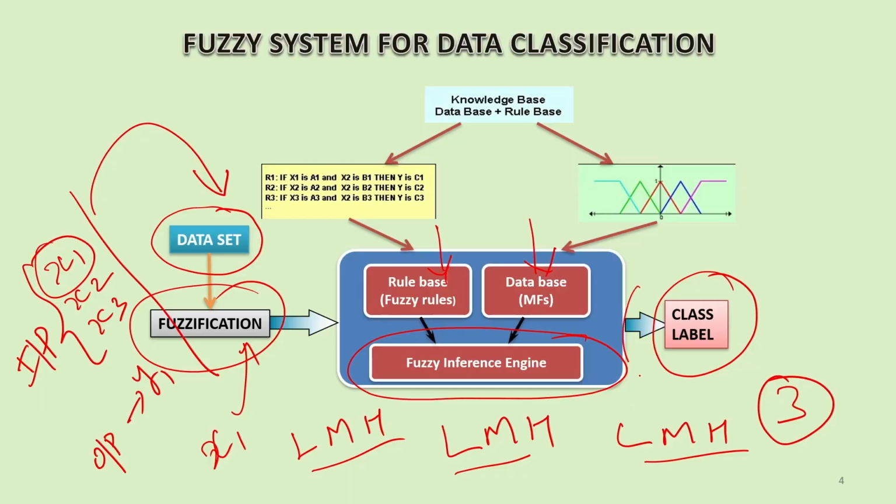Here there is no need for defuzzification because we have a mechanism that derives the class label in the rule itself. This is the way in which the fuzzy system can be deployed for developing a classifier model.